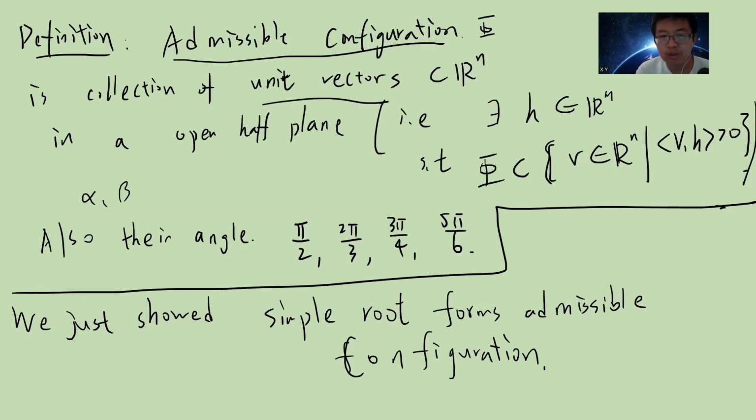Okay, so I hope you guys already understand the admissible configuration. I also want to add a condition called irreducible.